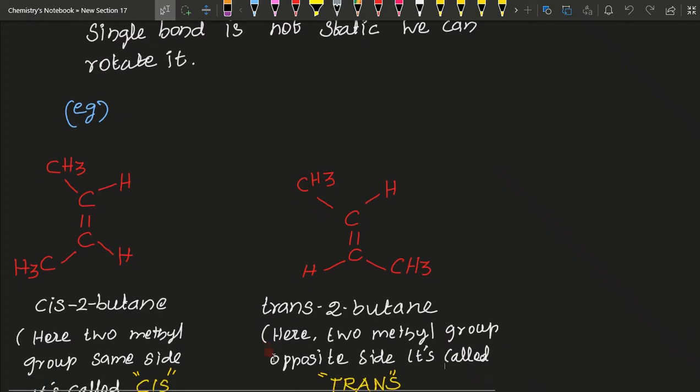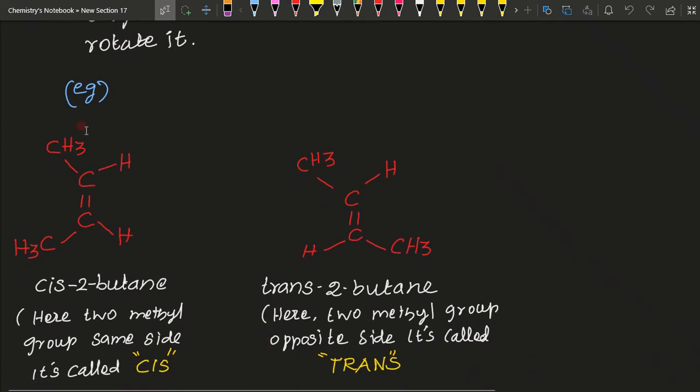For example, cis 2 butene. See the structure of cis 2 butene. Here the 2 methyl groups are on the same side, it is called cis. Trans 2 butene. Here the 2 methyl groups are on opposite sides, it is called trans.